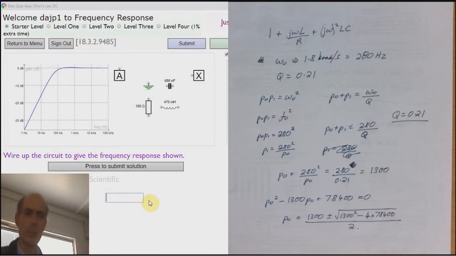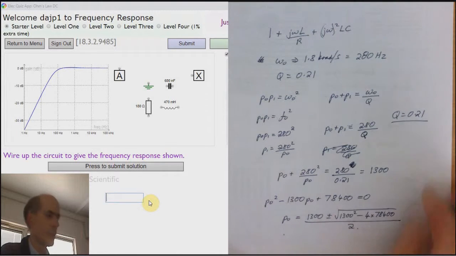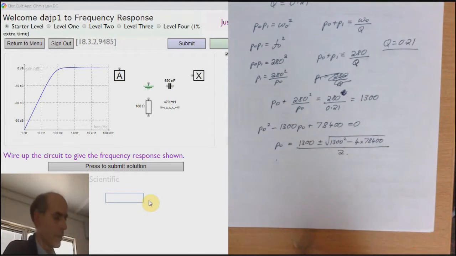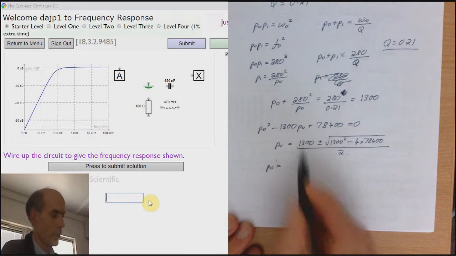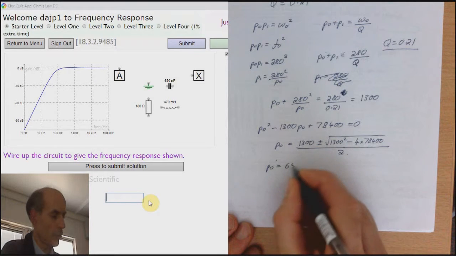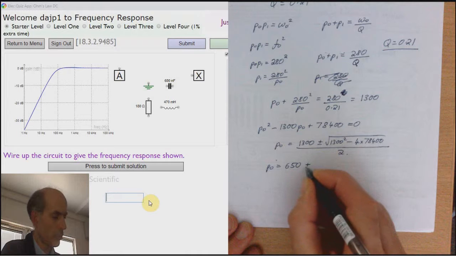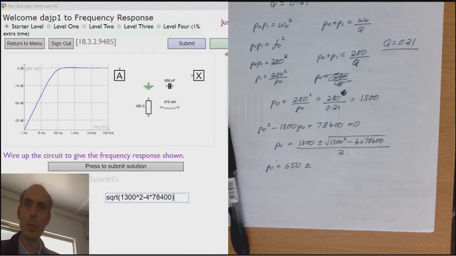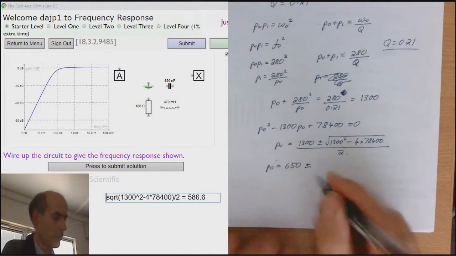Running out of paper, hang on. 1300 divided by 2 is 650, plus or minus the square root of 1300 squared minus 4 times 78400, divided by 2, 586.